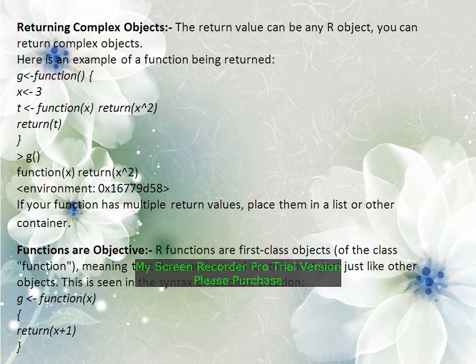The environment is a hexadecimal value. If the function has multiple return values, then we can place them in a list or in other containers, that is an array or a vector or any other. If there is a single return value, it will return that value. So we will try this one in our console.